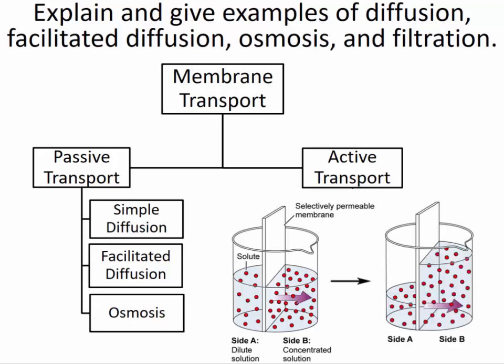If we were to let this sit for a while, we would come back to this situation. The water has undergone osmosis to go from side A to side B until the concentrations of the two sides are the same. Another important way to understand how you might describe this is that when we talk about the dilute solution versus the concentrated solution, we would say that the side B concentrated solution has a greater osmotic pressure.